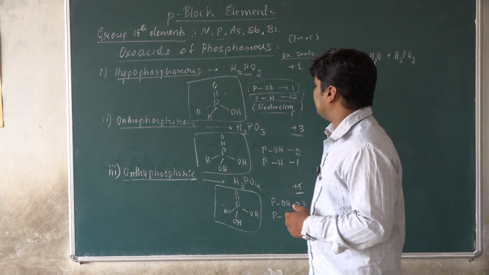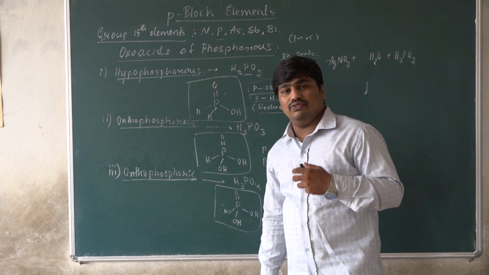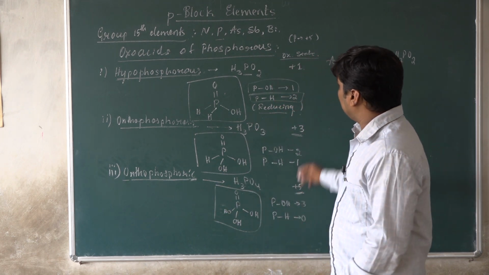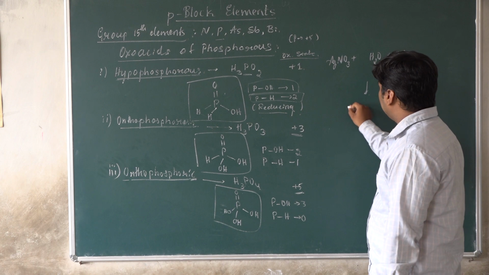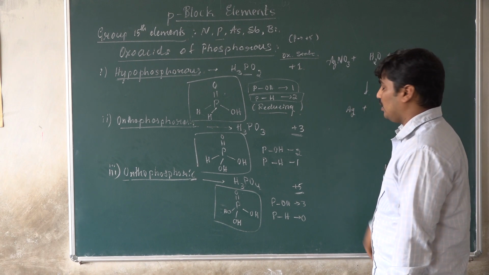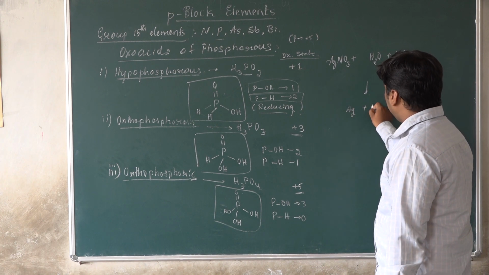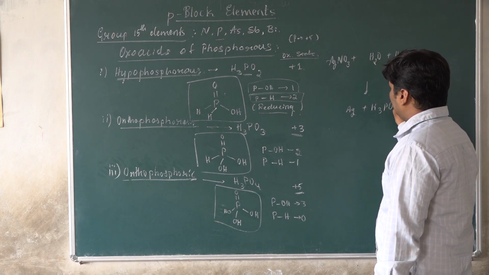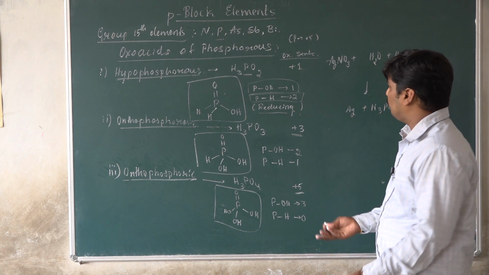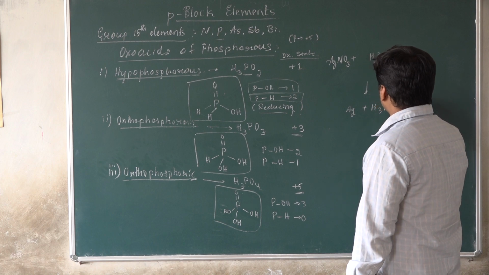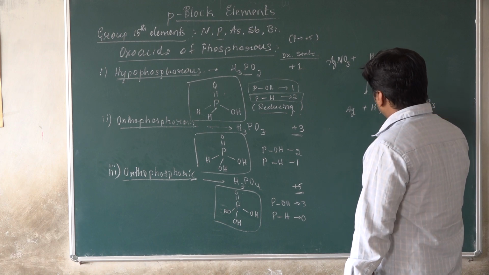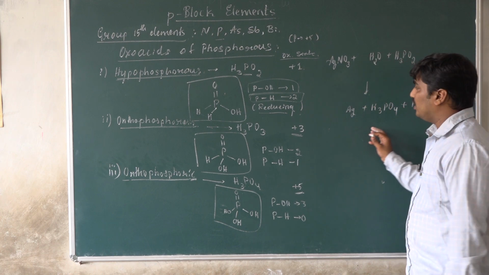It reduces AgNO3 into Ag, and H3PO2 is converted into H3PO4, and the other product is HNO3. Try to balance the reaction.